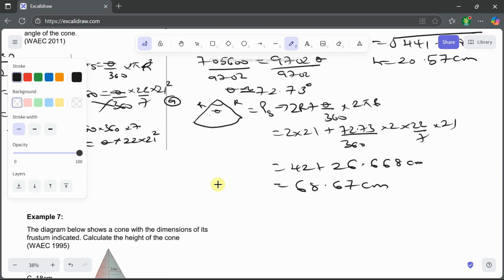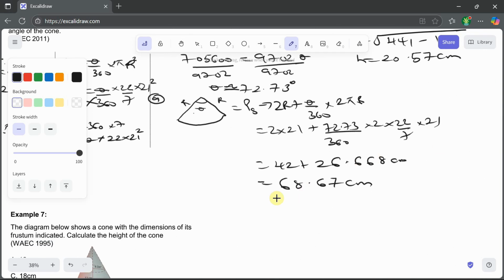We didn't do that. So this is approximately 68.7 centimeter to 1 decimal place. Please ensure that you always read the question to the end and do everything that the question is asking, because if you don't do this last part, there is a mark for it and you will lose it. Imagine doing all this hard work and losing some few marks because you did not read the question to the end. I'm guilty of that.